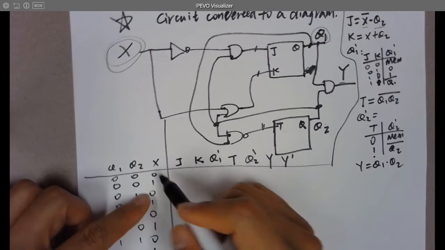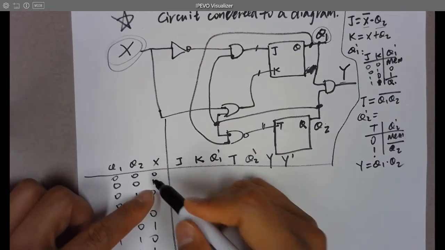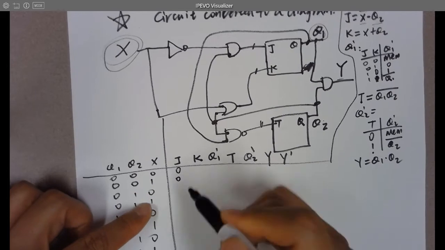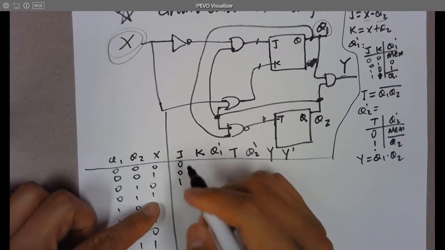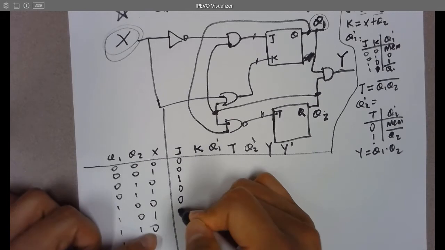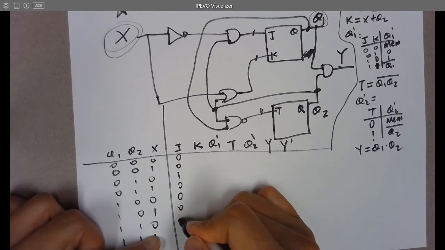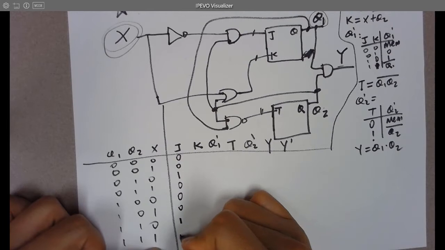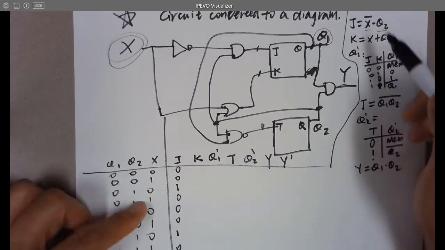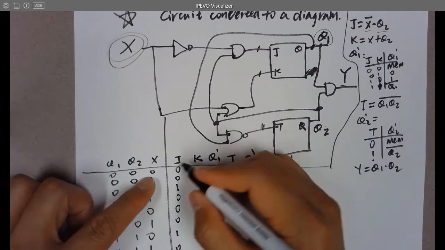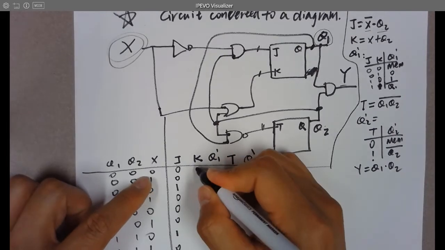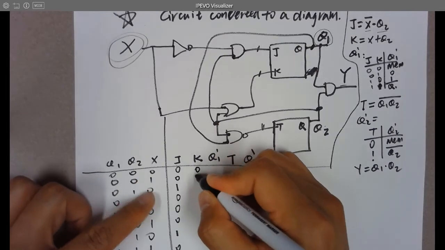So for X bar and Q2, this is 0, 0, 1, 0, 0, 0, 1, 0. Okay. What about K? X or Q2: only when you have two zeros are you getting a 0. Otherwise, they are all ones, right?